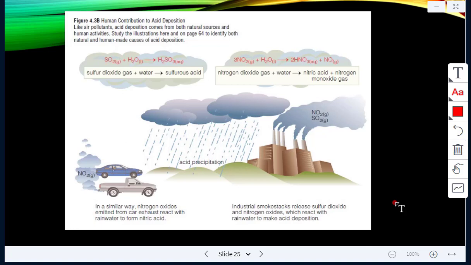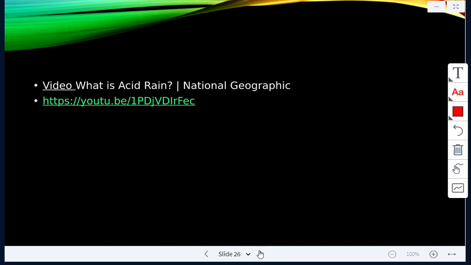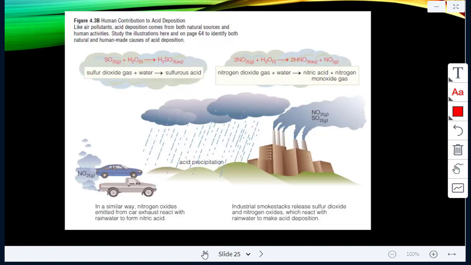So these human activities are contributing more towards acid deposition. In turn, this acid deposition is going to harm ecosystems and organisms, just like we saw in that previous picture at the very beginning, where we saw the damaged forest.